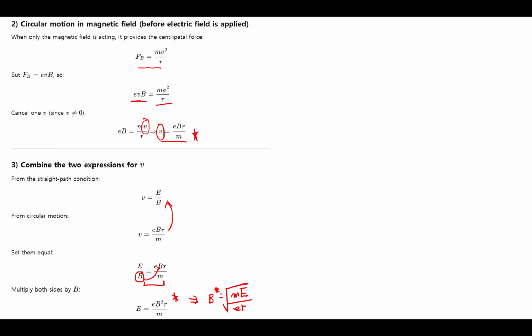But you have to be very careful about units: electric field should be volt per meter, mass in kilogram, charge in coulomb, and radius in meter. Okay, so that's the way it is.